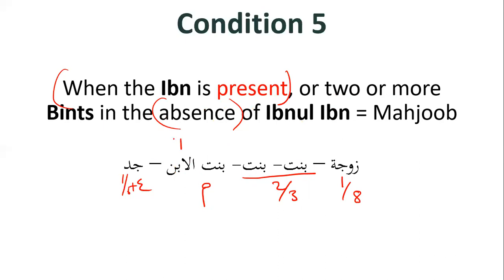If the Ibnul Ibn was present in this situation, then the absence of Ibnul Ibn, this clause of the condition, would not have been fulfilled, and we would have said that this falls under condition number 4, we would have given them asaba together.